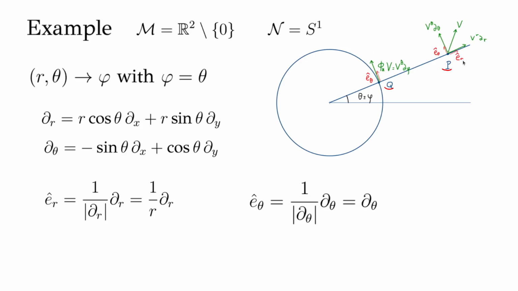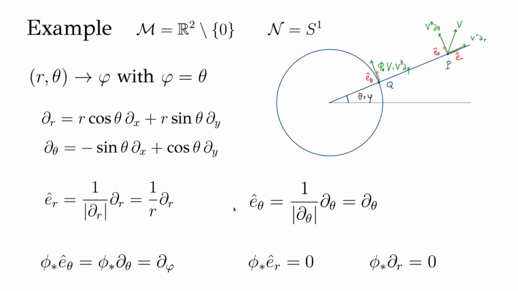And you can see this situation here in a simple geometric representation. Then we will see that the push forward of the vector E theta is d phi.